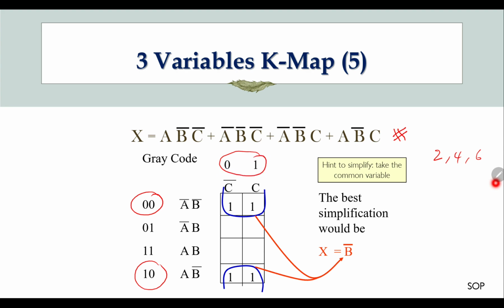A changes state from A bar to A, so you don't read A. B is the same, so you read B bar. How about C? C changes state from 0 to 1, so you don't read C. So rather than X equals A B bar C bar plus A bar B bar C bar plus A bar B bar C plus A B bar C, after Boolean simplification you got only X equals B bar.